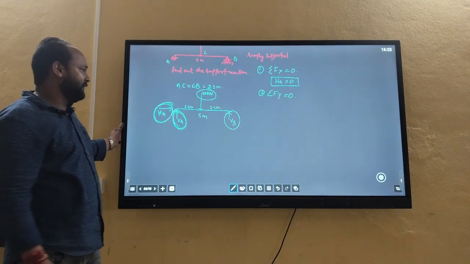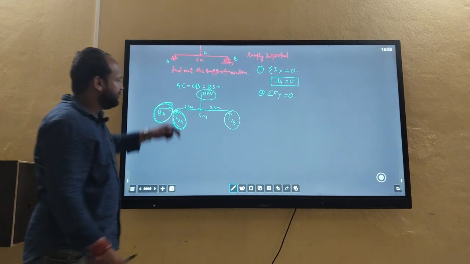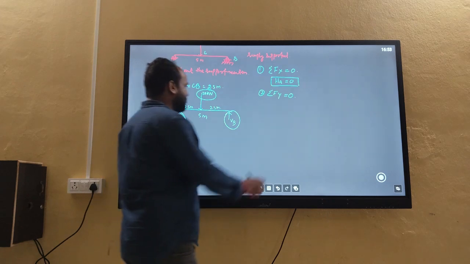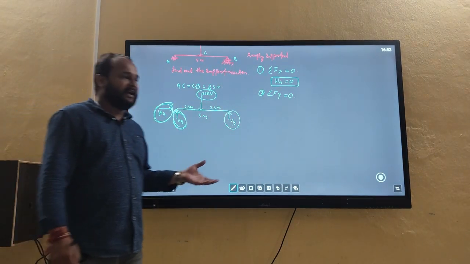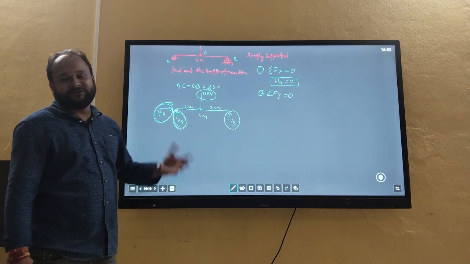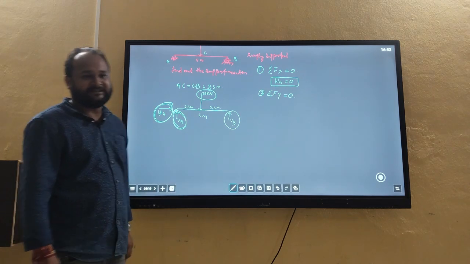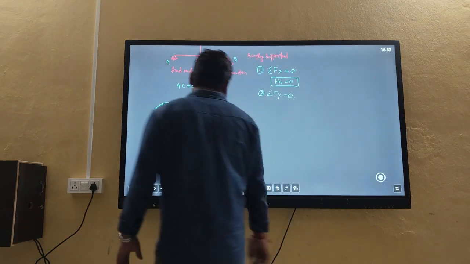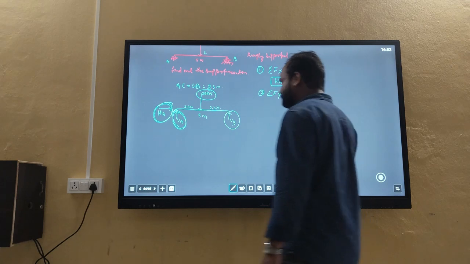These two forces are in the upward direction and the 20 kilonewton force is in the downward direction. We have to take a sign convention, we can take it as our choice. I am taking the upward forces as positive and the downward forces as negative.